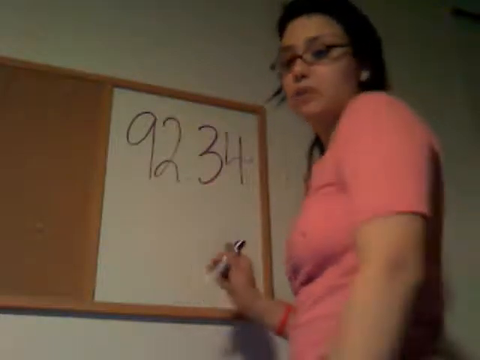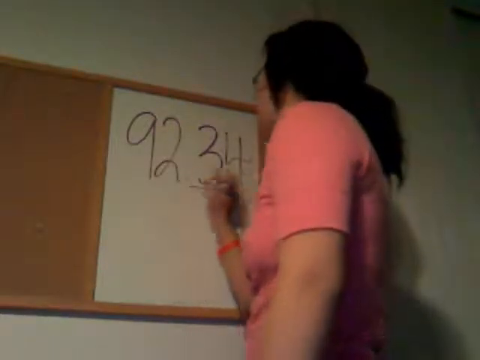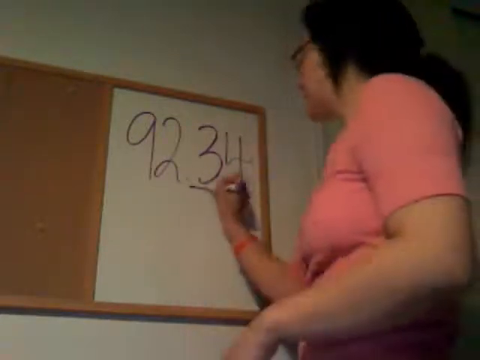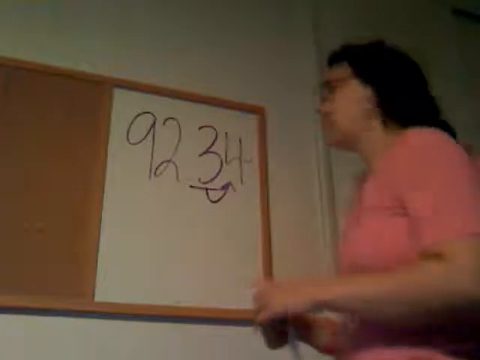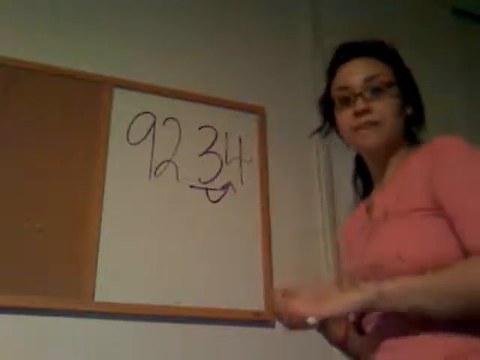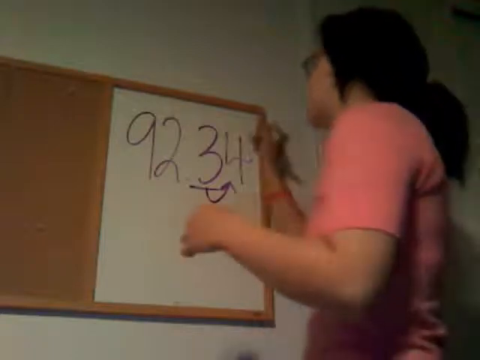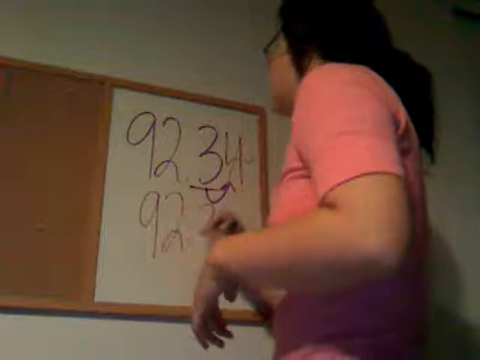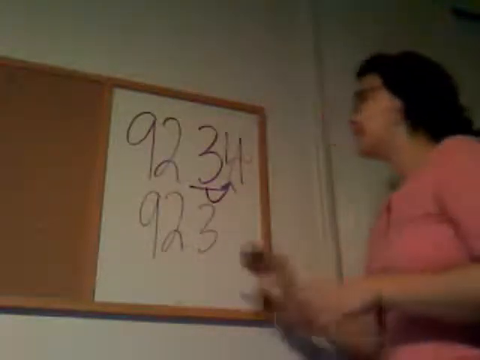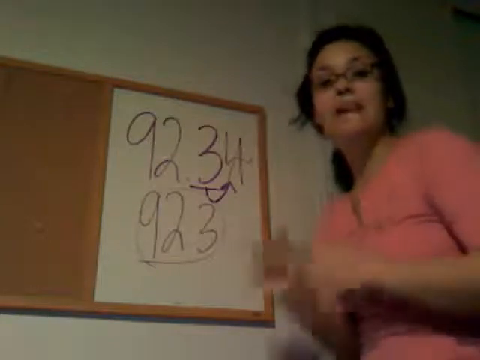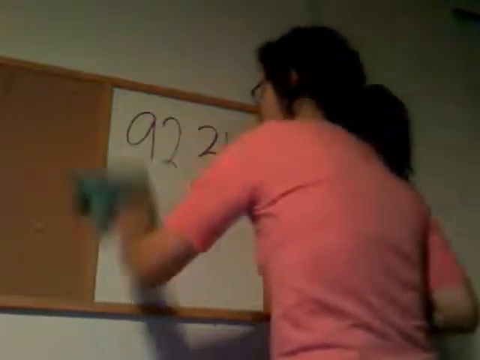So we're going to look at this 3 here, because this is the place value we're looking for. We're going to go ahead and look to the right of it, and we have a 4. That's actually less than 5. So we just drop it, right? Drop everything to the right of it, because it's less than 5. And we just have 92.3. And that would, again, be rounding to the nearest tenth. So let's do another one of those.